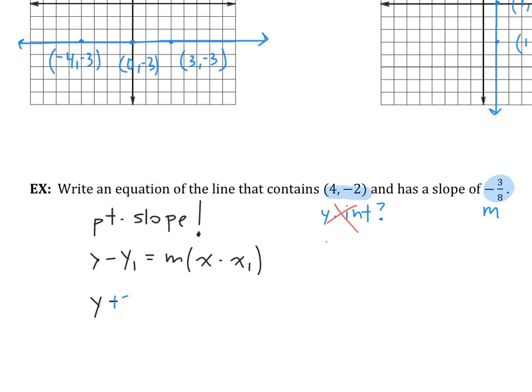So I'm actually going to change that to y plus 2 equals, what's our slope? Well, we were told our slope is negative 3/8 times the quantity x minus 4. And we leave our answer just like this. No need to manipulate it. We are good to go. If you have questions, come to class with those next time we see each other. Bye-bye.